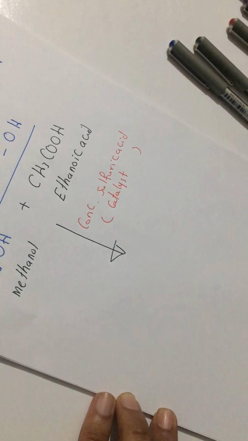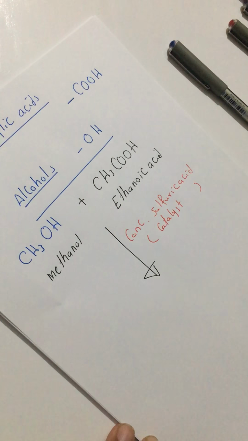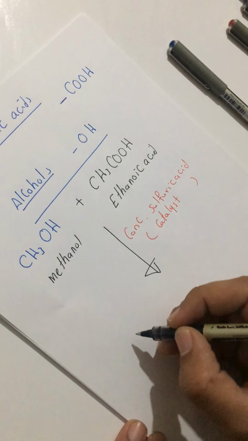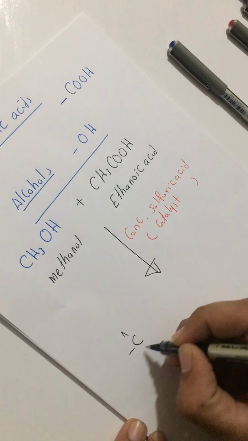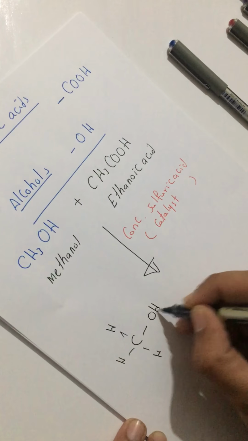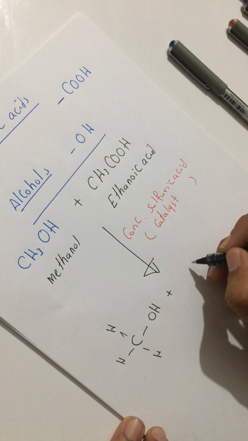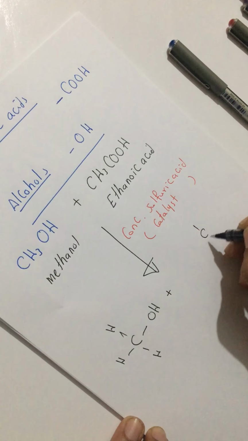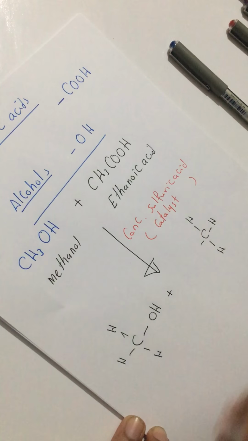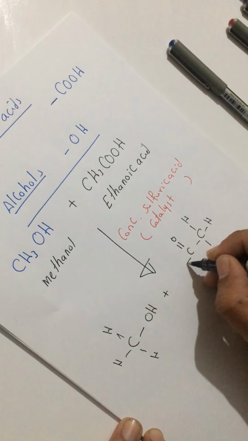So if I'm going to write the structural formula for each of the two compounds we have here, CH3, and the functional group is OH, so it's an alcohol. And we are going to write the acid, the ethanoic acid, as you can see.